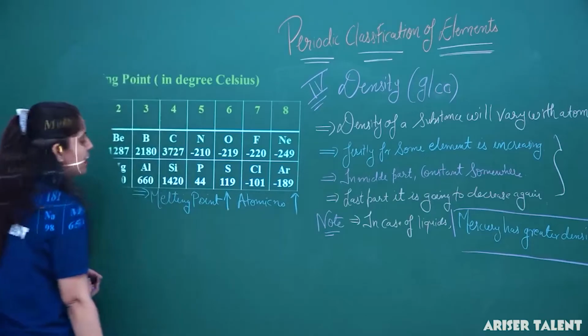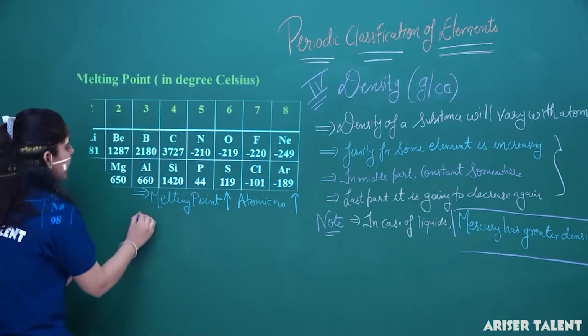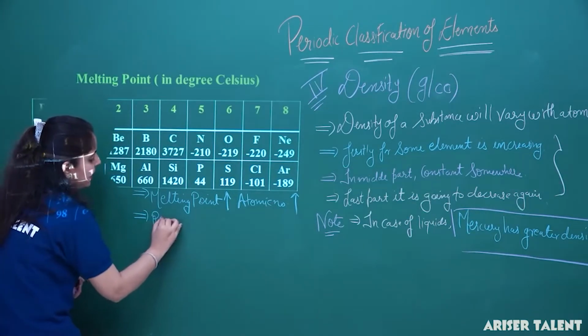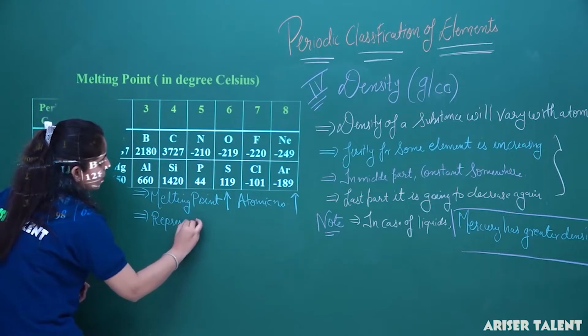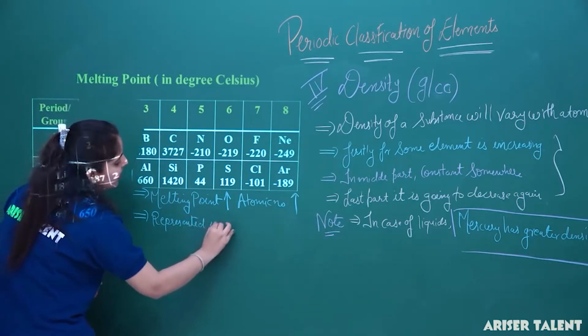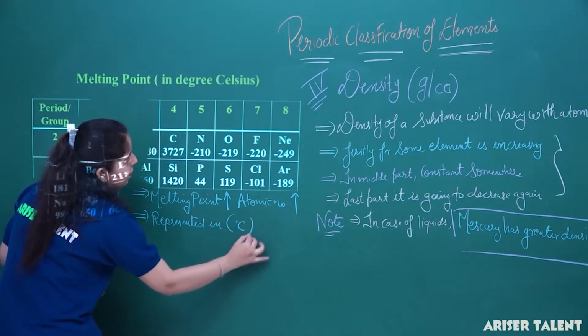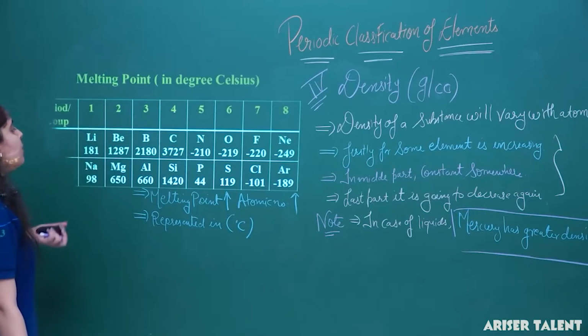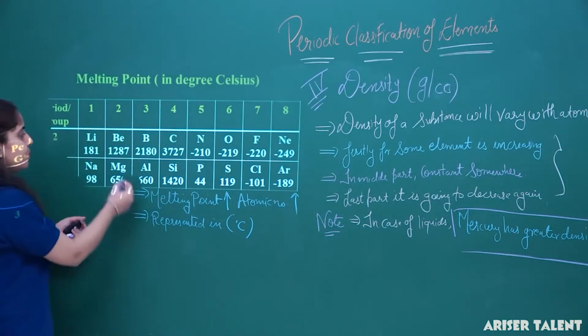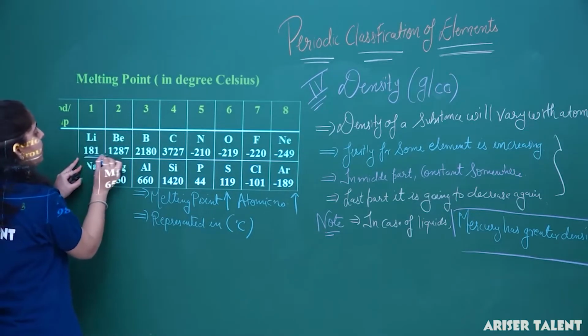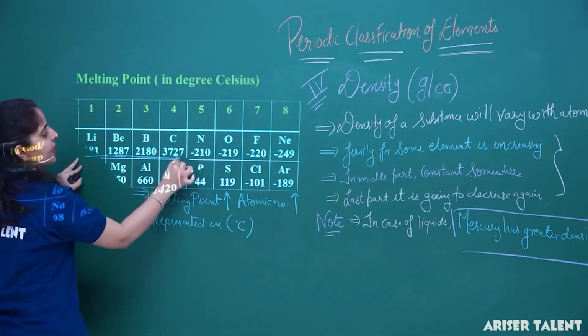It is usually represented in degrees Celsius. Now what we have observed in this table, the melting point is increasing.